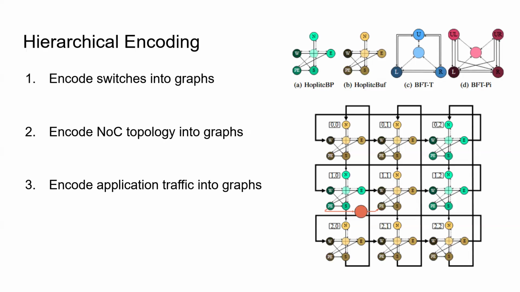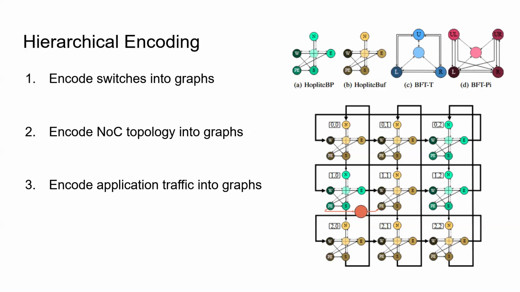Basically, the directional nodes, the NWES, are just for representing hops in the directions you're going. And if you go to the P, the processing element, that can represent some sort of traffic that would actually go into the computation unit part.